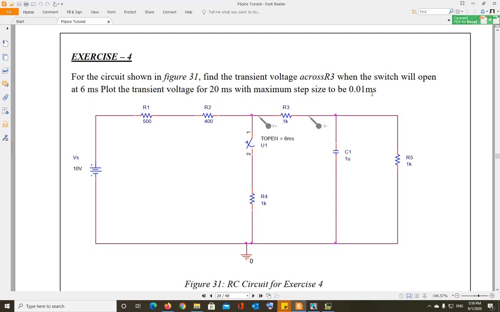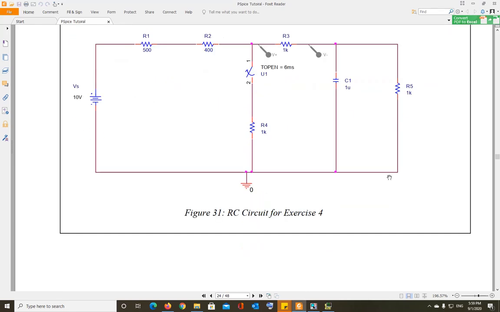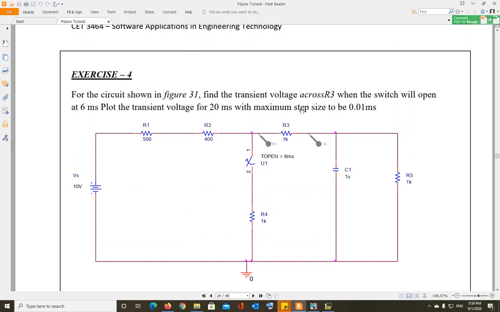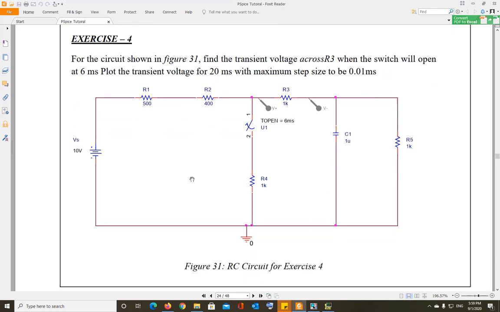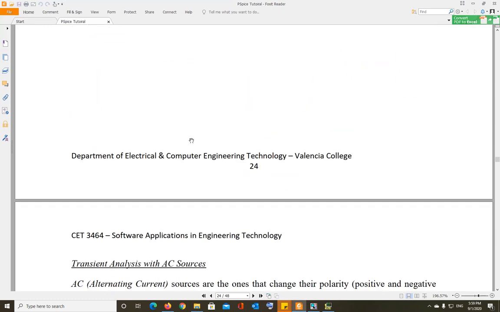And make sure you start saving data at 0 milliseconds, from the very start. Don't start at 6 milliseconds. So you're going to go from 0 to 20 milliseconds with a step size of 0.01, and then you are going to see what you are measuring in here.